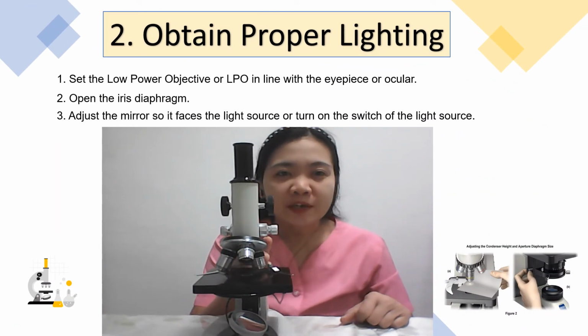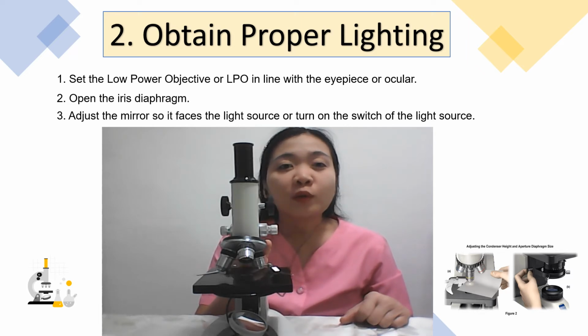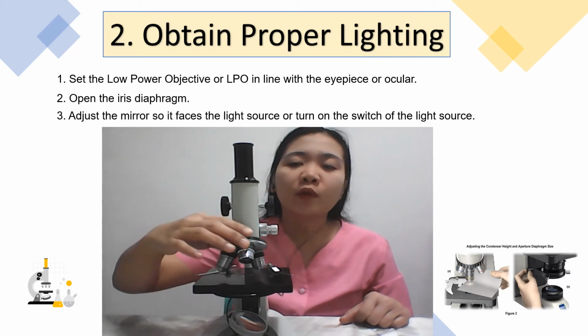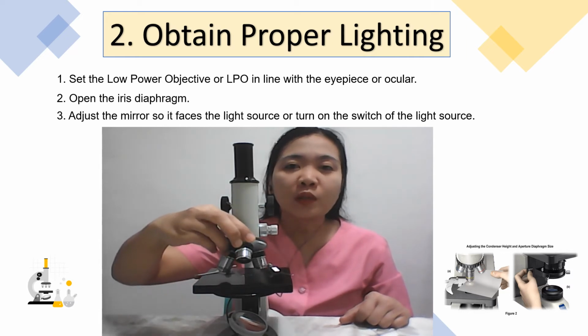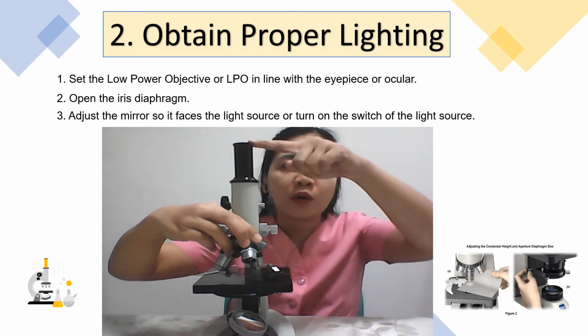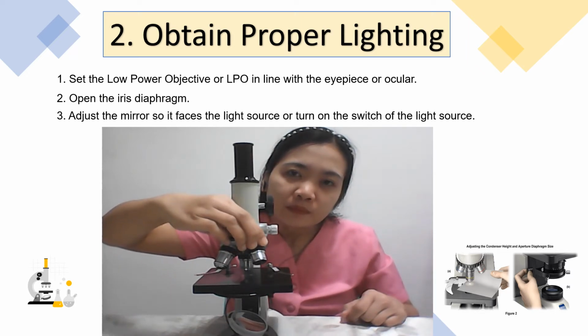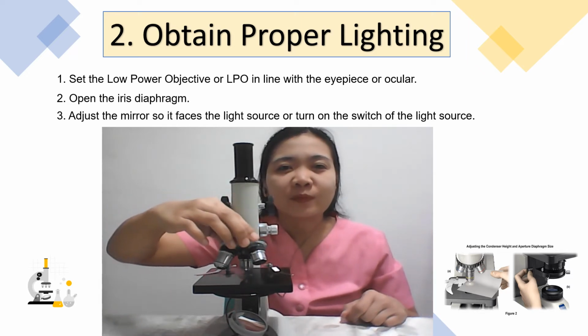After we prepare the slides for our observation, we need to obtain proper lighting. First, using the revolving nosepiece, we need to set the low power objective or the LPO in line with the eyepiece or ocular. That's it.